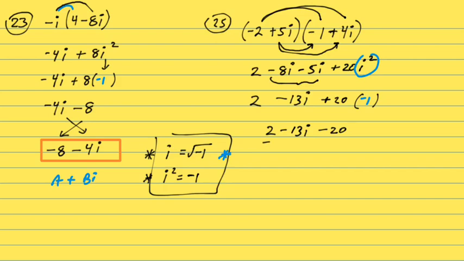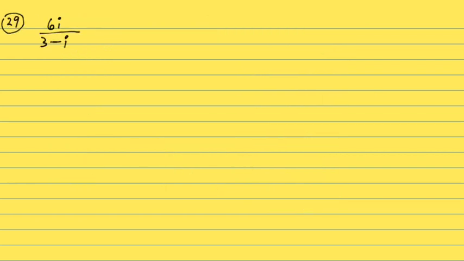Combine your reals first. 2 and a negative 20 is negative 18, and then you have the minus 13i. Again, you want the real number, real part, and then the imaginary part. And I figured I'd do one last one, like 29, maybe 31 or 33.